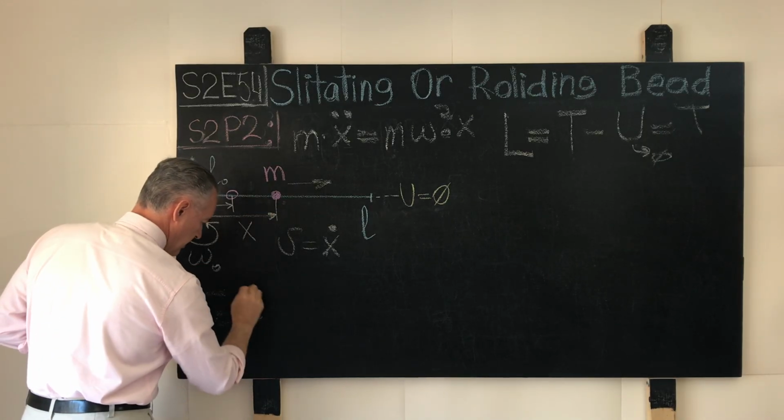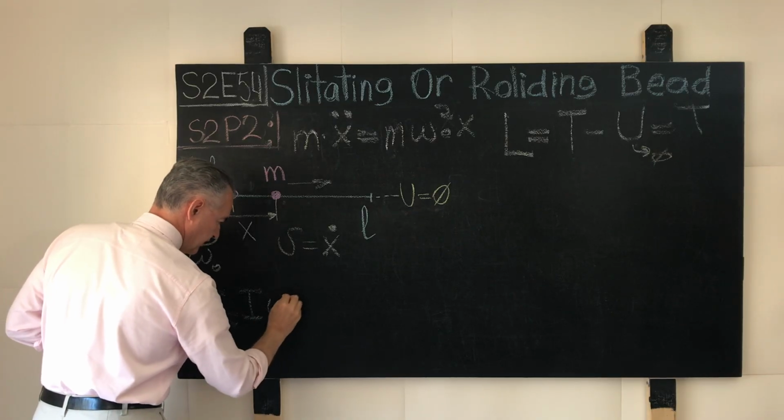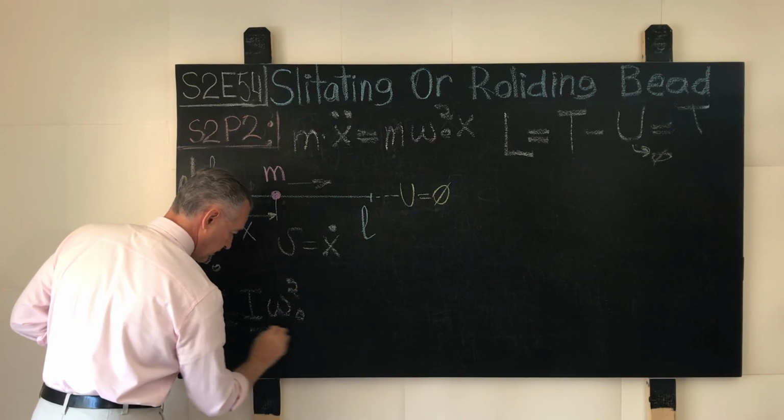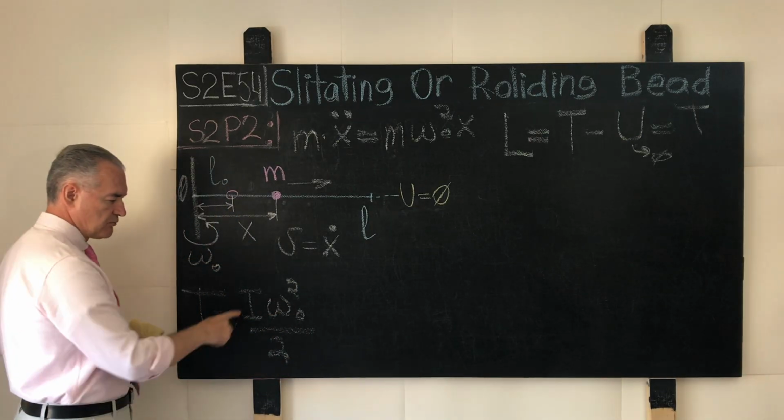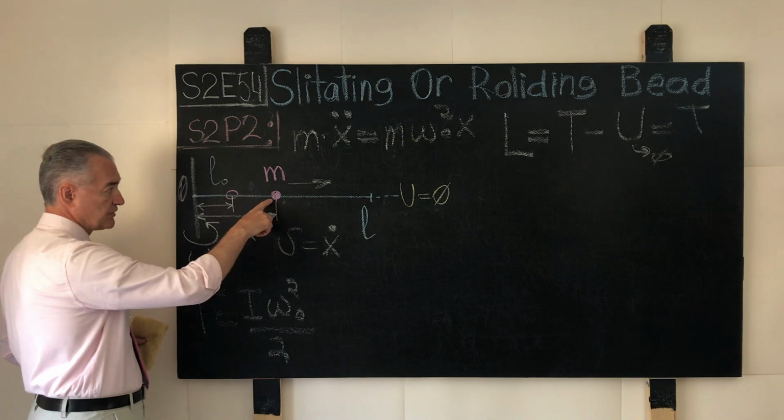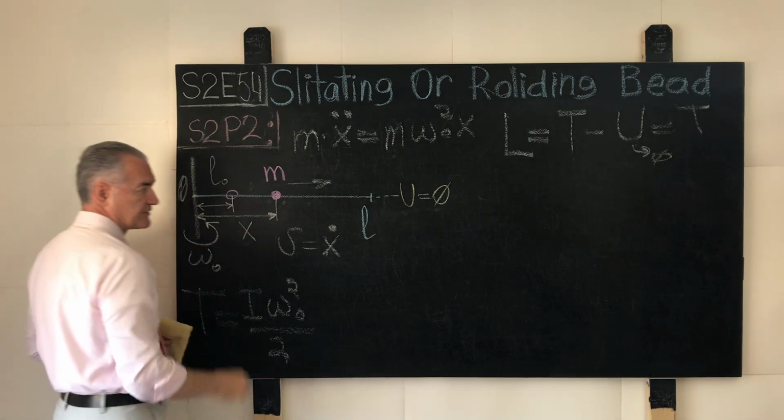The moment of inertia times omega squared over 2, the moment of inertia of our point mass with respect to the vertical axis of rotation.